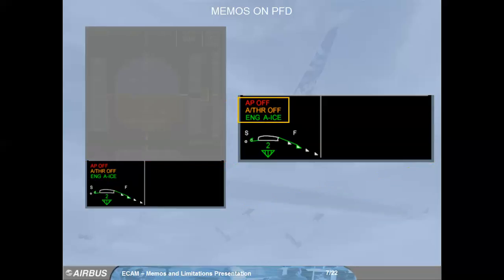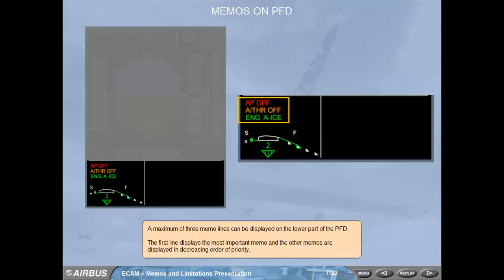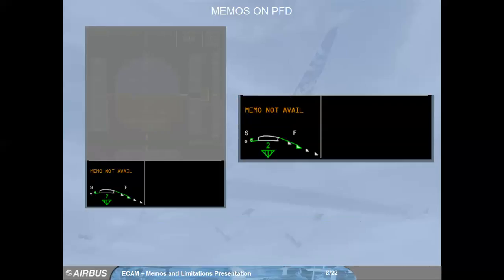The first line displays the most important memo, and the other memos are displayed in decreasing order of priority. A memo not avail message appears when the PFD can no longer display memos. The CDS displays this message in case of communication failure between the FWS and the PFD.